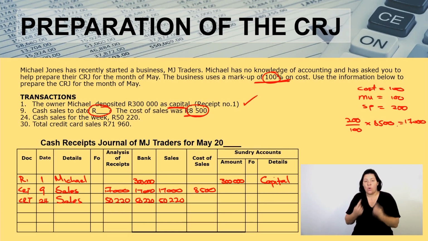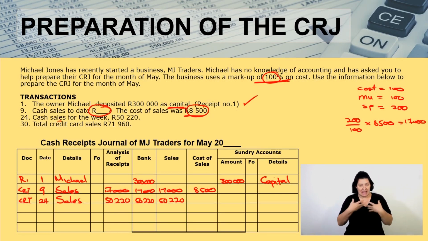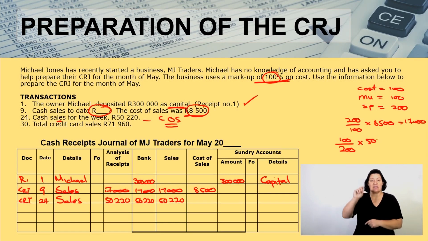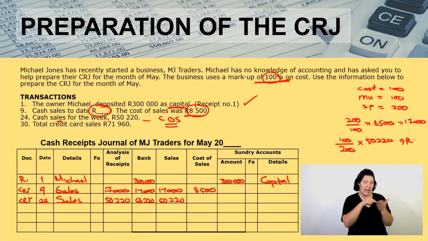Then, remember the markup is the same. So what is it that I want this time? I'm given the sales. That means I don't have the cost of sales. That's easy. Cost is 100. So you want 100. What you have is 200 multiplied by 50,220. Please punch that quickly in your calculator.